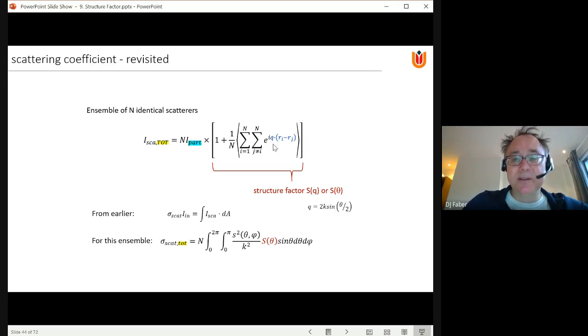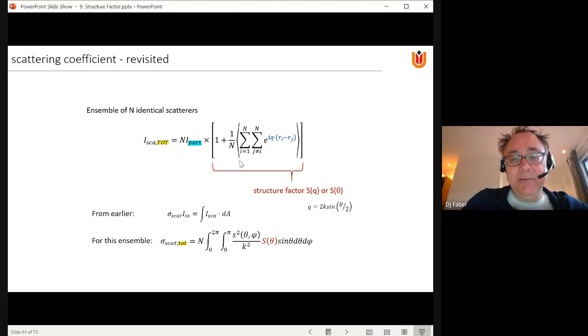So the inner product of Q, the factor Q, times the factor that connects the particles, and here it is still written as Ri minus Rj, but that is the factor that connects both particles. And we know now that the magnitude of Q is 2 times K, wave number 2 pi over lambda, times sine half theta.